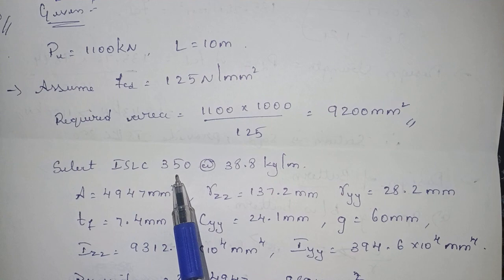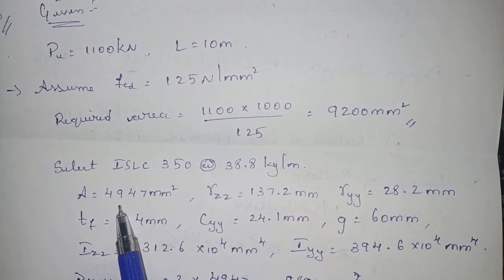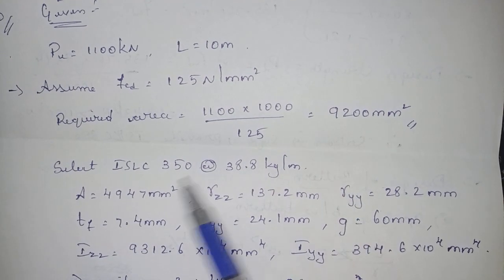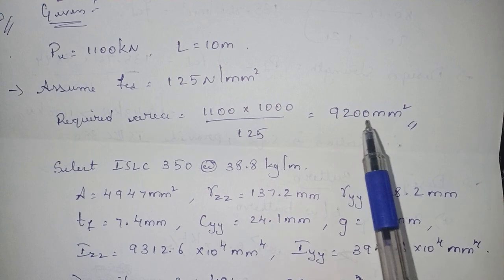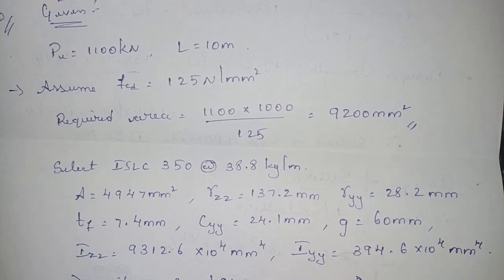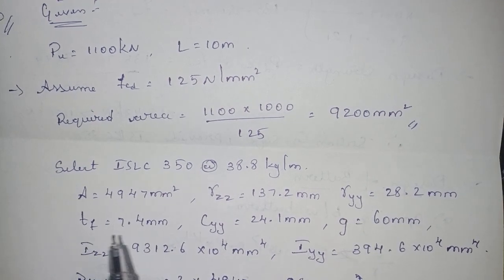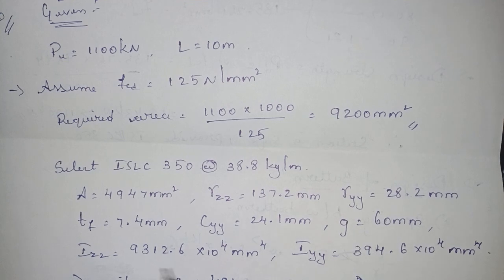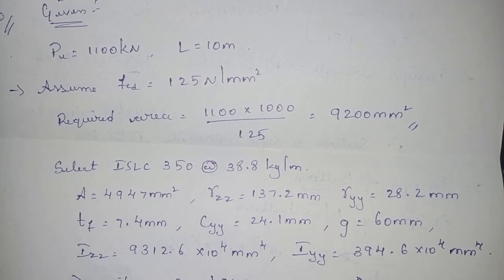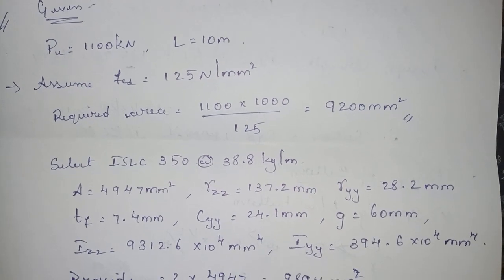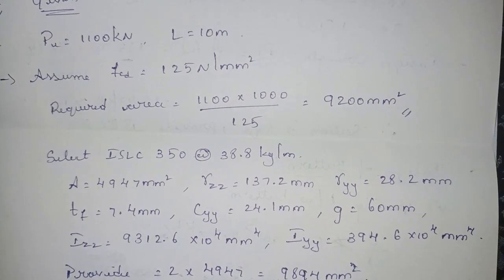So ISLC 350, the area I've taken is 4947, nearer to 2 of this, divided by 2. So now I've got the area, rzz, ryy, thickness of the flange, Cyy, gauge distance, Ixx and Iyy. All this you need to take from the steel table.